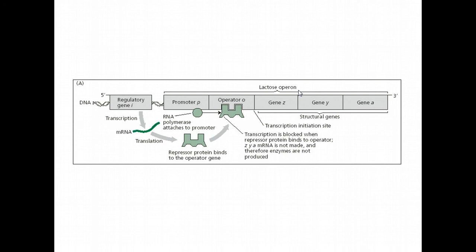So the genes are only expressed, and that was what they knew before they did these experiments, is you only find these three structural genes, Z, Y, and A, you only find those gene products produced, those proteins produced, if lactose is present. Now, that makes sense, right?